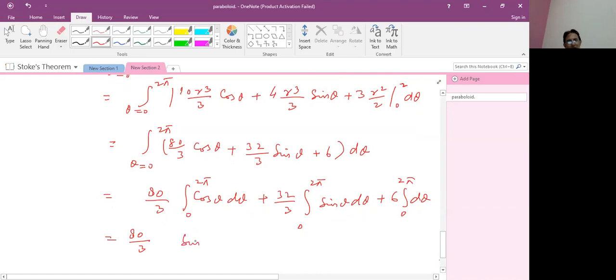The integral of cos is sine theta from 0 to 2 pi, plus 32 over 3 times the integral of sine theta, which is minus cos theta, from 0 to 2 pi, plus 6 times theta from 0 to 2 pi.